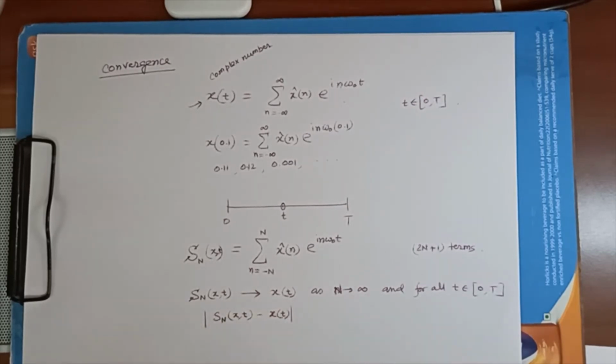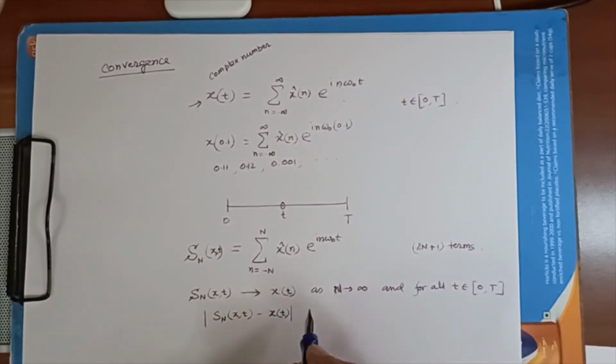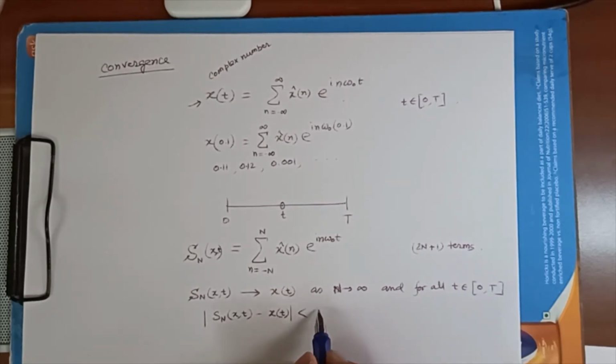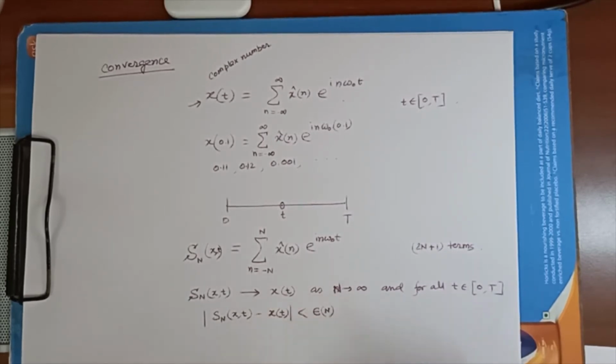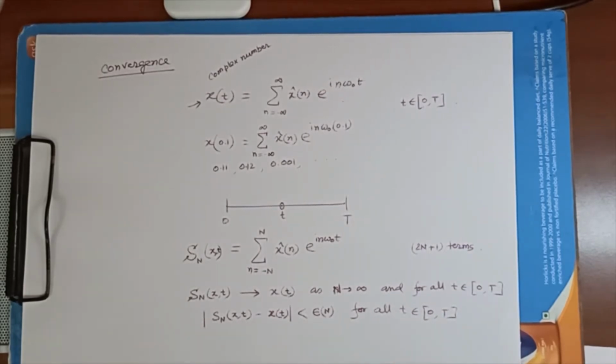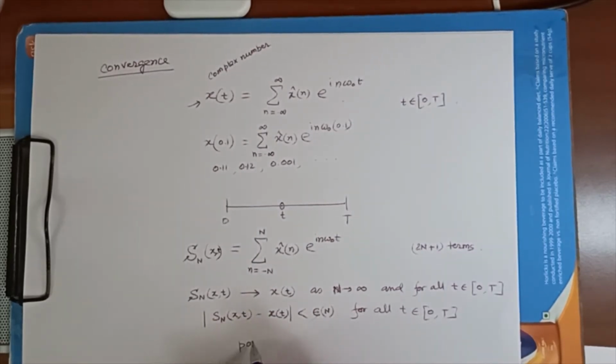We can take the modulus and study whether this goes to 0, or becomes less than some small value epsilon, which is a function of N, for all t. This kind of convergence, which is basically the strongest kind of convergence, where for every t you are testing the convergence, is called pointwise convergence.